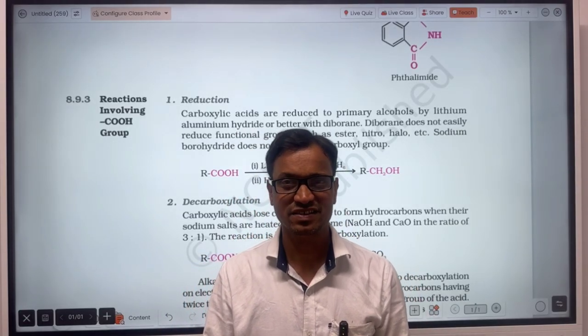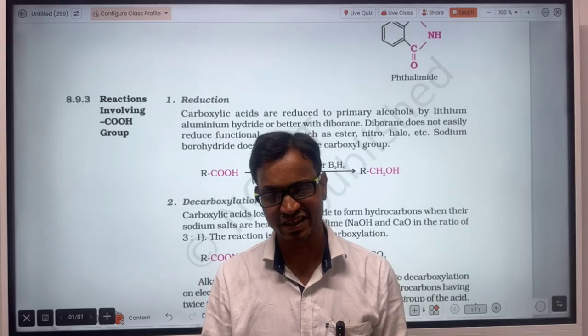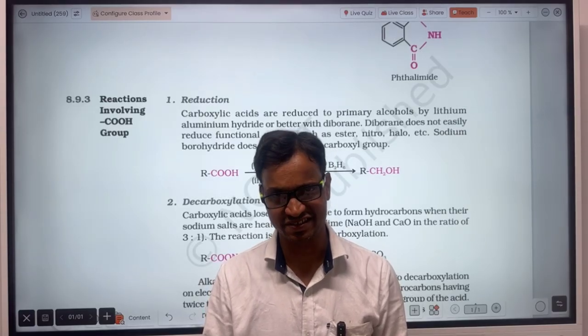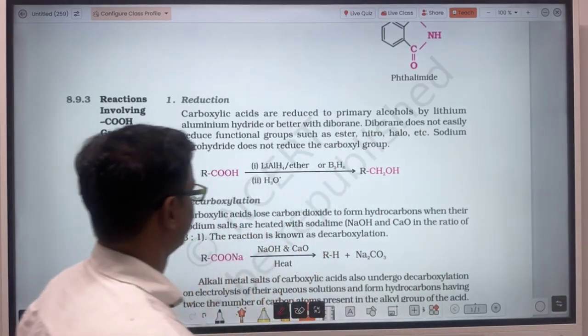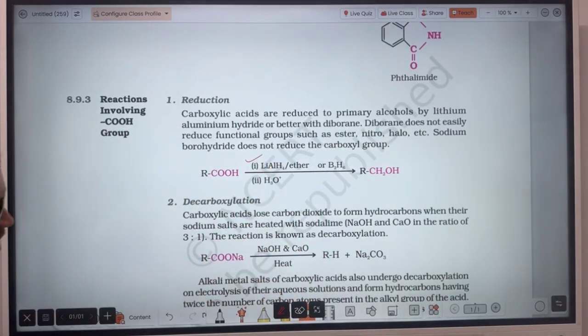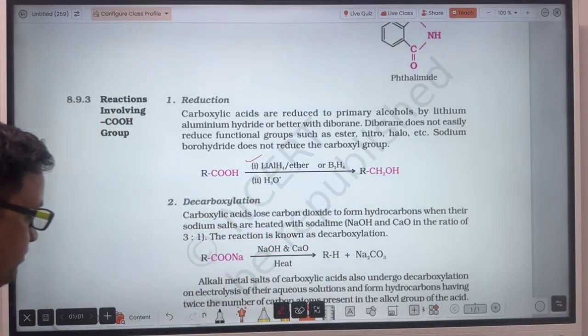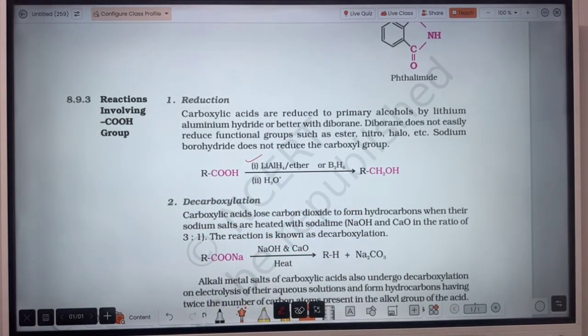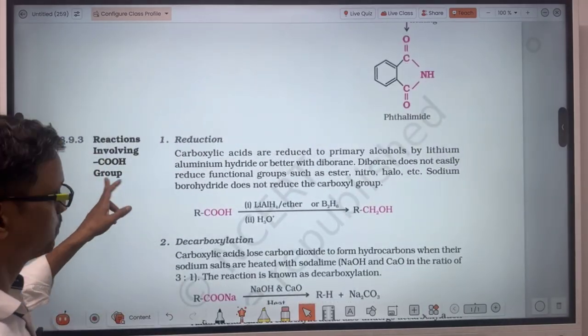Like that, when carboxylic acid is reduced by a strong reducing agent, alcohol is formed. So here a strong reducing agent, LiAlH4, has been taken, and this one formed. Next, that is reactions involving the COOH group.